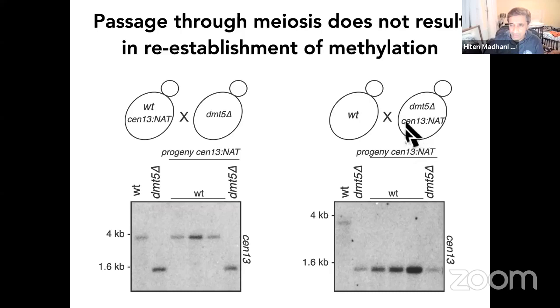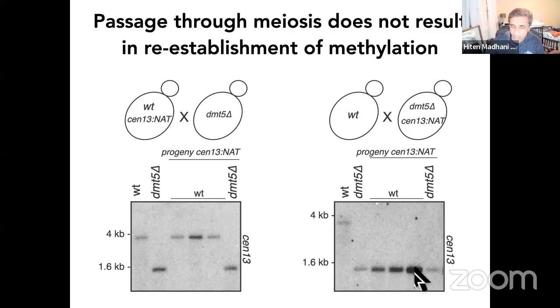We can ask the question, what happens when we go through meiosis and bring this centromere together with wild type DNMT5 and look at those progeny? As shown on the Southern blot with this unique probe, you can see that in 3 different progeny that we assayed, where we have a wild type enzyme together with an unmethylated centromere, the centromere remains unmethylated despite the fact that the cells have undergone this developmental pathway of meiosis and sporulation.